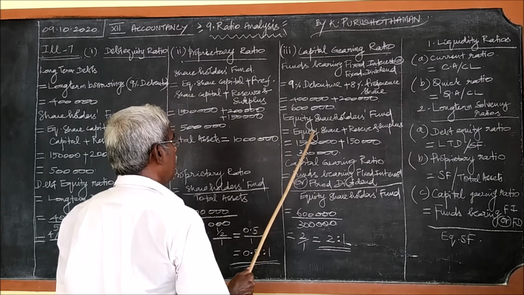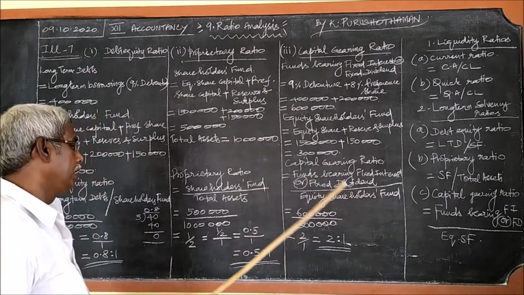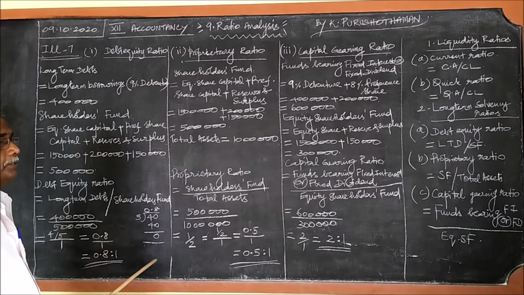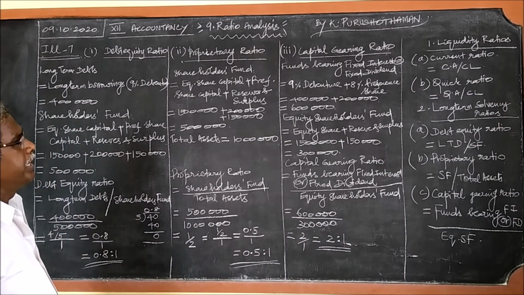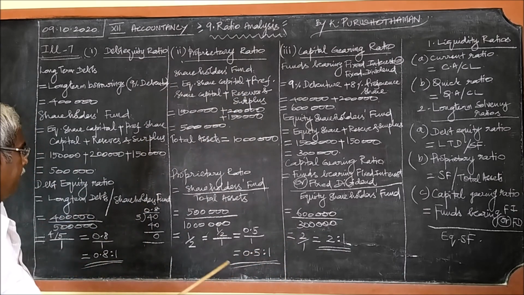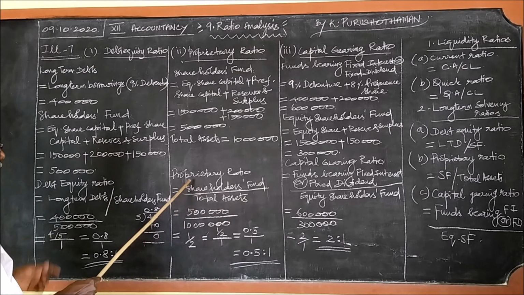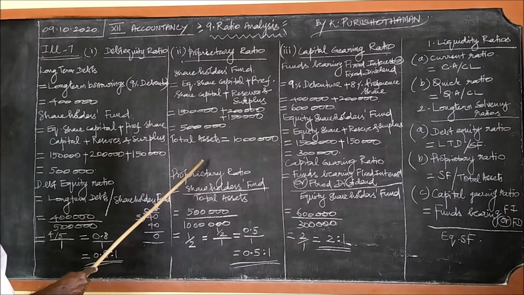Then, denominator, equity shareholders fund. That's what I want to tell you in this problem. Equity shareholders fund. If it is a shareholders fund, how we have used here in the denominator, here in the numerator: all types of shares plus reserves and surplus consist of this.